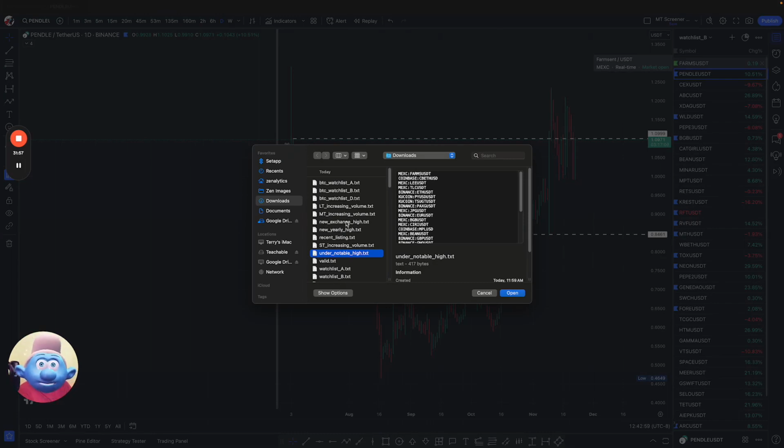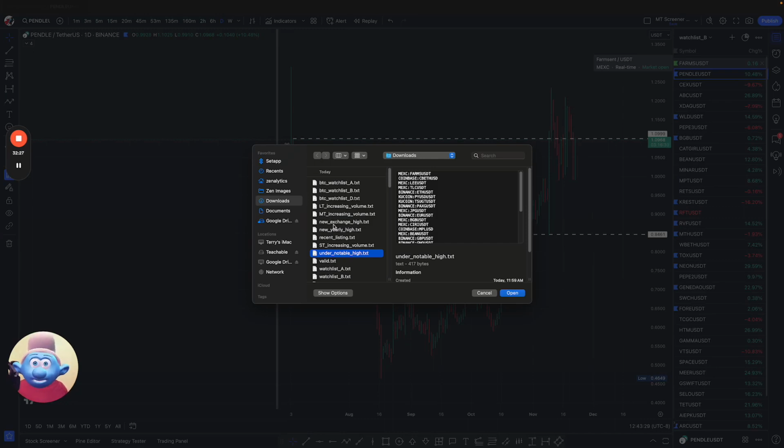The separation of those is sort of ticky-tacky. Oftentimes the new exchange high and new yearly high will be the same, especially if we're coming out of a bear market, because new stuff will have been listed to an exchange during the bear market, which won't have a prior all-time high.